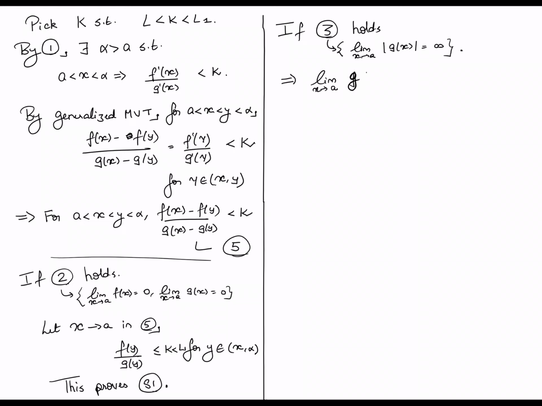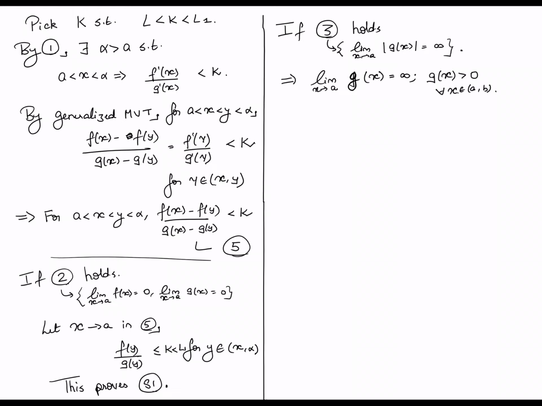Sorry, the limit of g of x is equal to infinity and g of x is greater than 0 for all x in (a, b). Why is this? g can never actually take the value 0 and g is strictly decreasing.